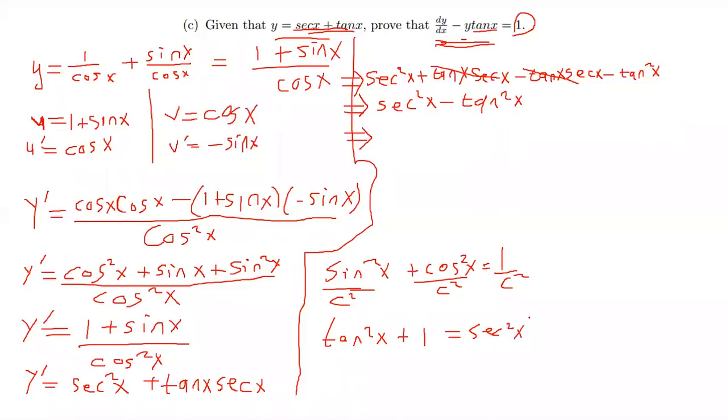So when you take tan squared x to that side, you're going to have 1 being equal to sec squared x minus tan squared x. So where there's sec squared x minus tan squared x, we can replace with 1. So here is our 1, which implies that we have solved the question correctly.